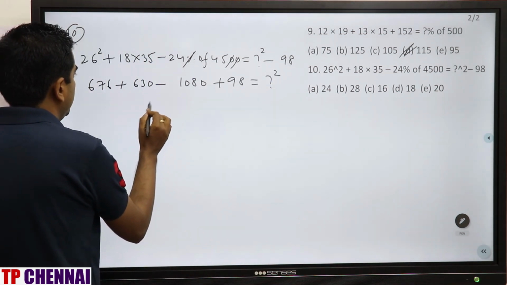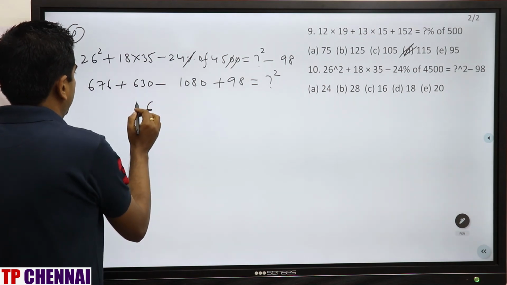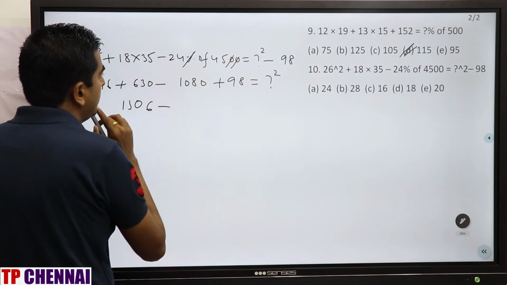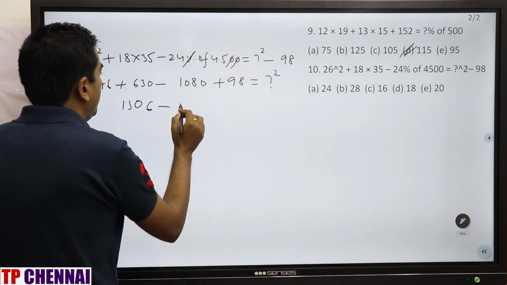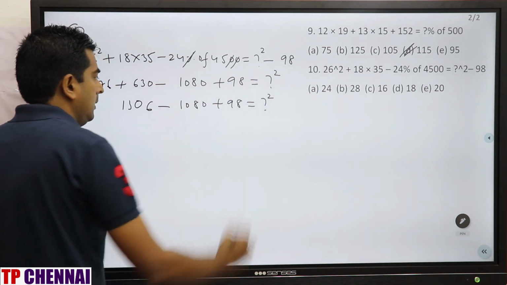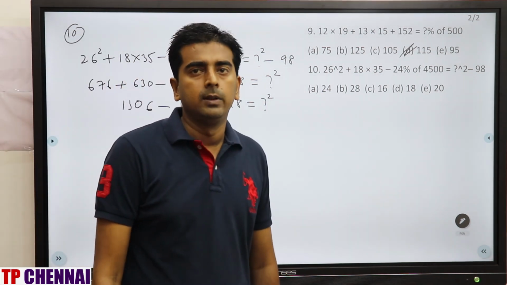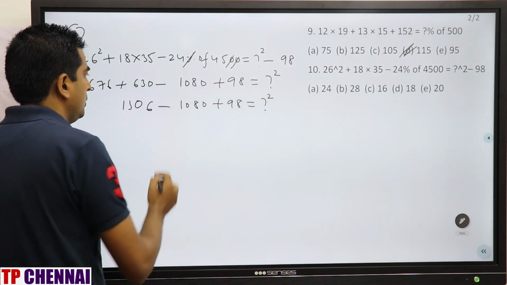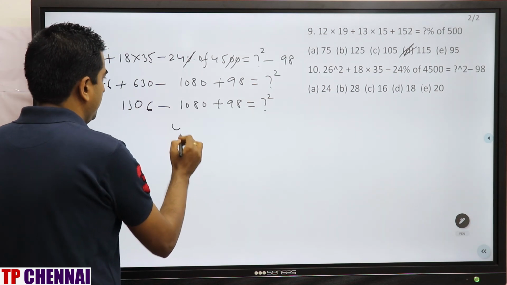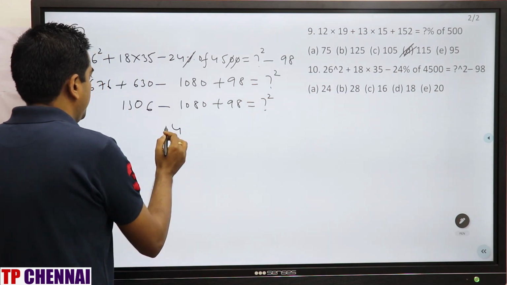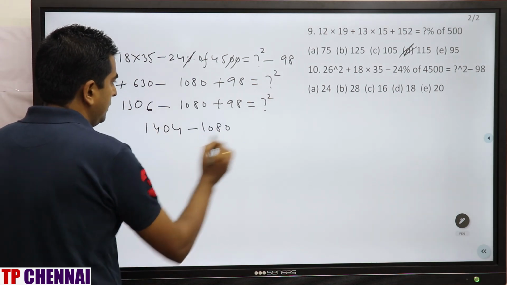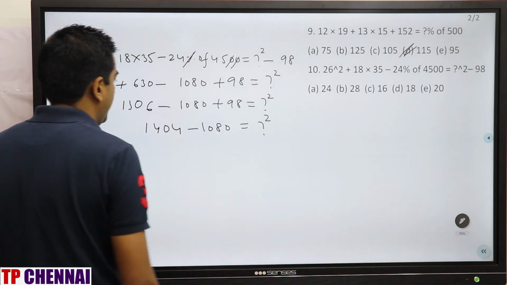This is how much? 676 plus 630, 1306 minus 1080 plus 98. So here we have to follow the BODMAS rule. Either you add or subtract, it's up to you. If you add this, 1306 minus 1178, so this is 14, 10, 4, 1 minus 1080 is equal to question mark square.